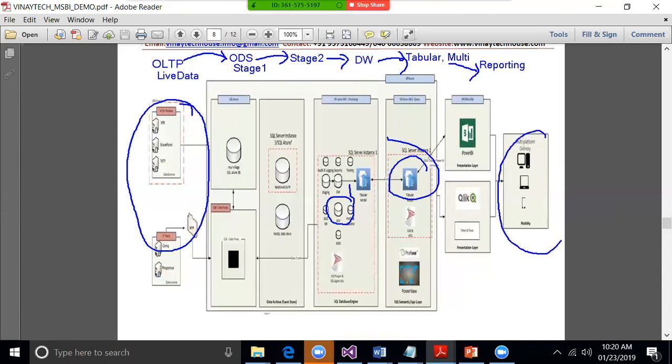Finally, this is the presentation area. Ignore the rest, but the data flow is OLTP to ODS, ODS to stage 1, stage 2, warehouse, semantic model. These are cubes, and cubes to report. This is the end-to-end flow. Understand?